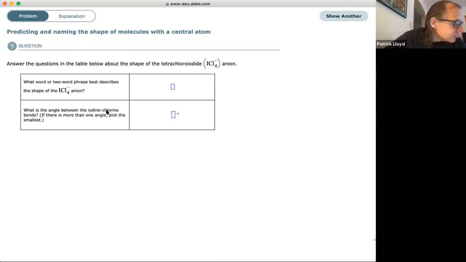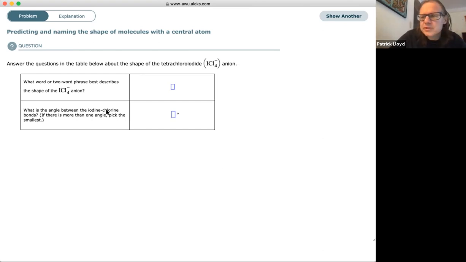What word or 2-word phrase best describes the shape of the ICl4 minus anion? And then what is the angle between the iodine chlorine bonds? Well, it's ICl4, so there is a possibility it's tetrahedral, 109.5, right? But you have to be careful because that iodine is in the 5th row.